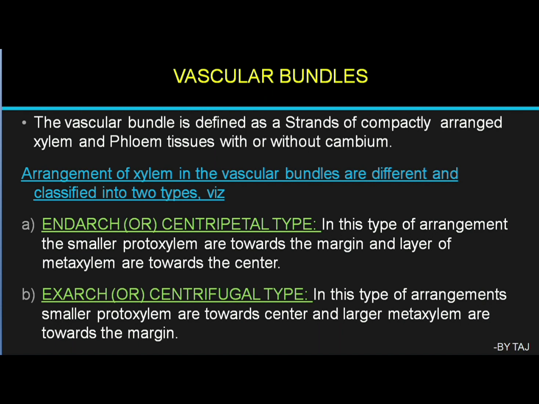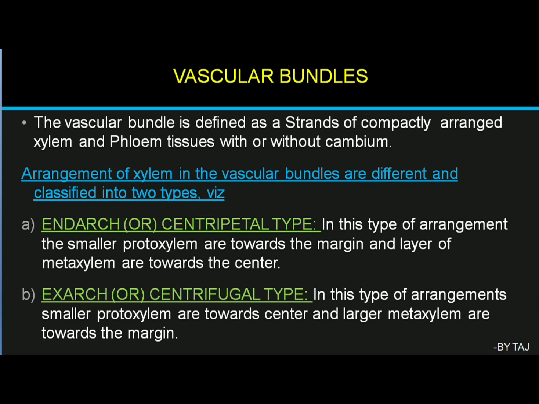In the arrangement, the xylem in the vascular bundles is different. Depending on that arrangement, they are classified into two types: endarch or centripetal type, and exarch or centrifugal type. Coming to the endarch or centripetal type, in this arrangement the smaller protoxylems are towards the margin and the larger metaxylems are towards the center.